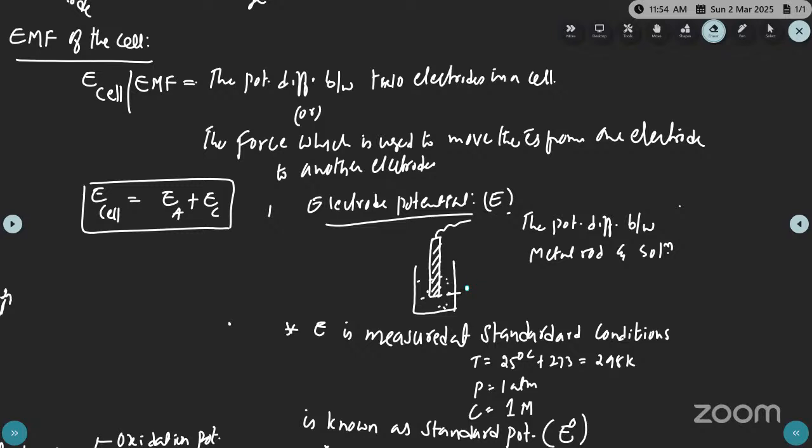Electrolytic solution. Metal. And right here, the potential difference between metal rod and solution is known as electrode potential.